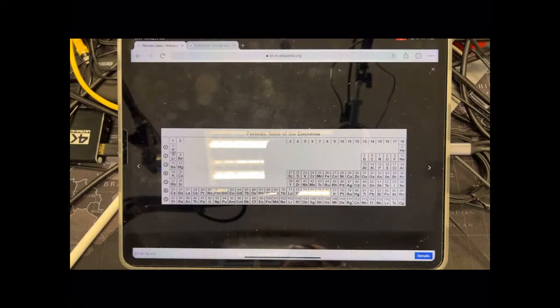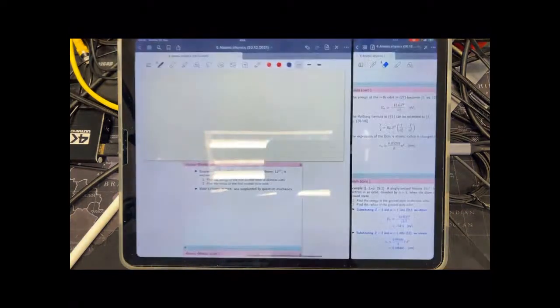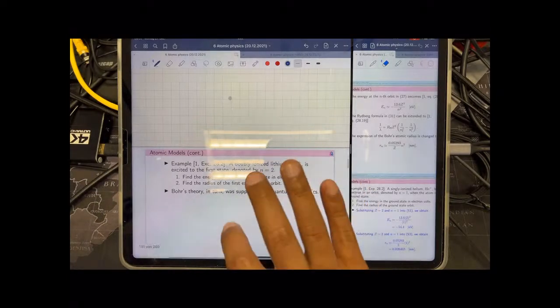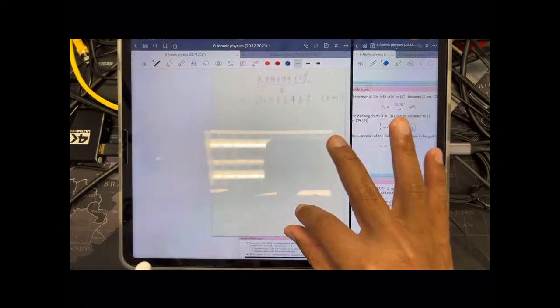The nucleus is bigger, but we still have only a single electron around the nucleus. This doubly ionized lithium is excited to the first state. The electron receives somehow the energy and moves to the upper level. And where is that?